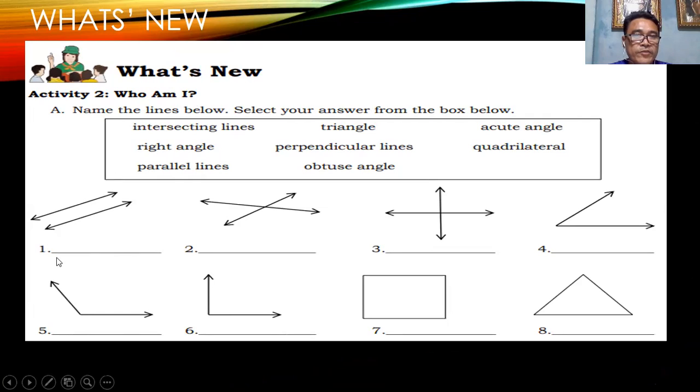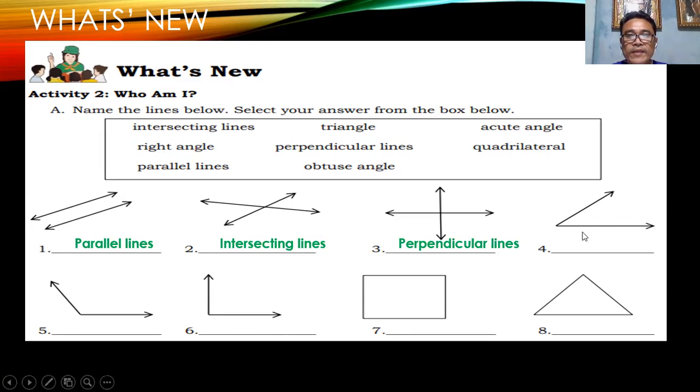The correct answer is parallel lines. Number 2, intersecting lines. Number 3, perpendicular lines.